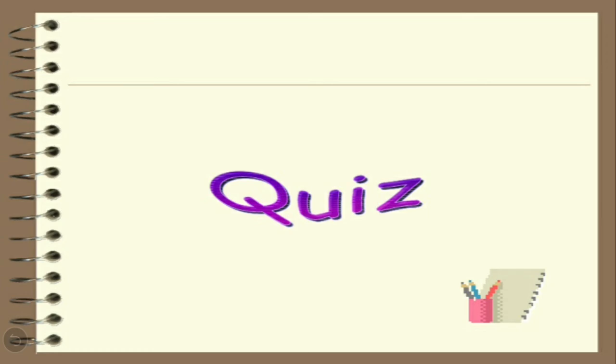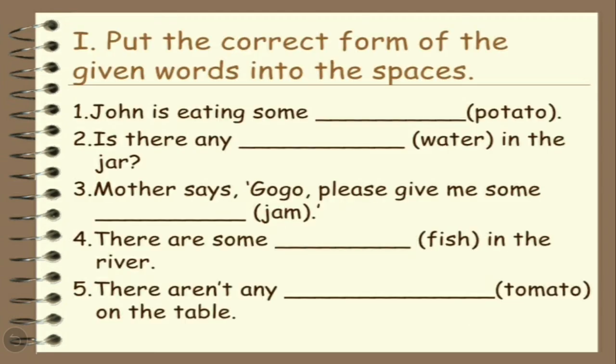So now children, a short quiz for you all. So quickly look at the quiz and try to give the answer. So the first question is, put the correct form of the given words in the spaces. John is eating some dash.